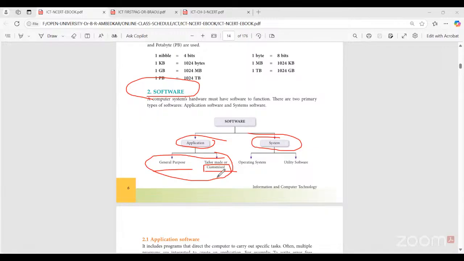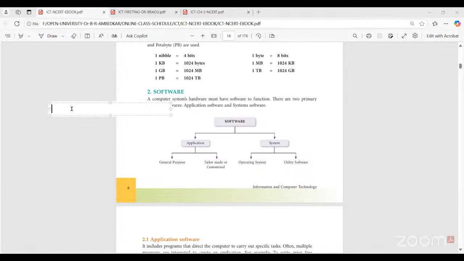That is the meaning of customized here. And system software includes, for example, operating systems, then utility software. So these are the software classifications. Hardware classification we understood till now.